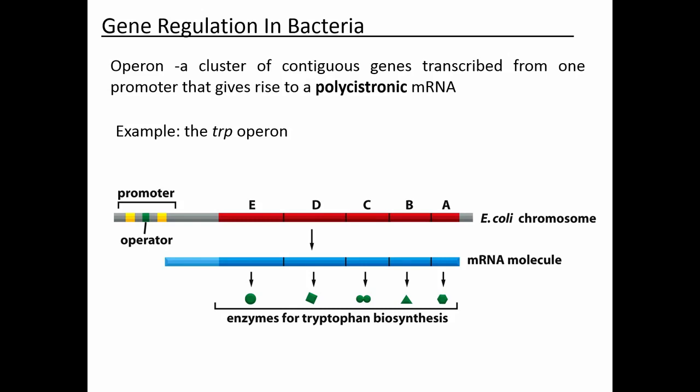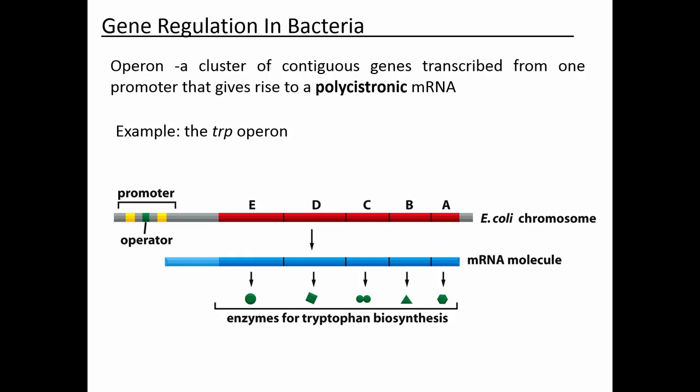If they all code for proteins involved in the same process, all you have to do is upregulate this one operon rather than individually expressing every gene involved in that pathway. So you upregulate them all together by expressing this one operon.